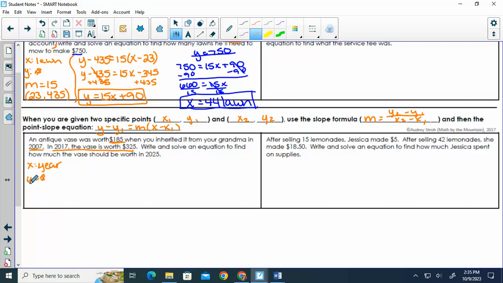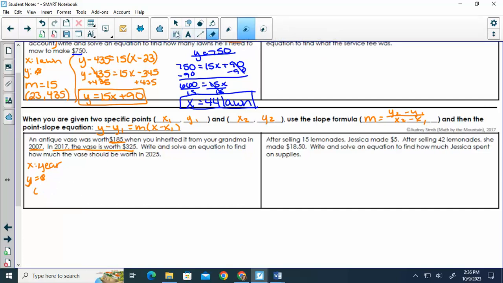Okay, there's a couple different ways we could write these points. One of them will be a little bit easier than the other. So we could use the year as 2007 and the amount is 185, but I will say we're going to have some nasty numbers if we do that. The other thing we could do is say 2007 is the starting point.